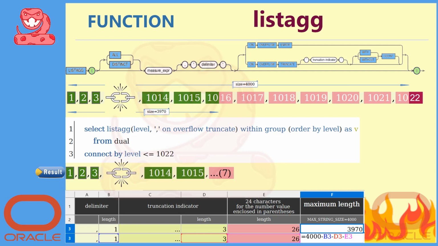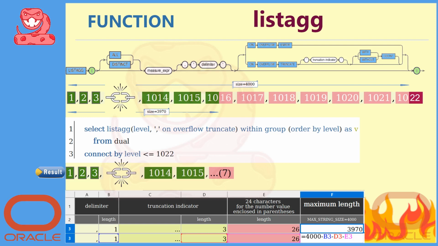The database truncates enough measure values to allow space in the return value for a final delimiter, the truncation indicator, and 24 characters for the number value enclosed in parentheses. With the delimiter equal to comma and the truncation indicator equal to ellipsis, the maximum allowable length of the resulting string will be 3970.